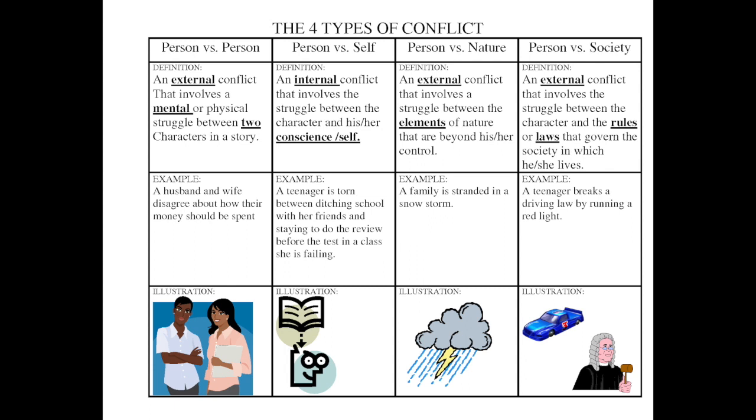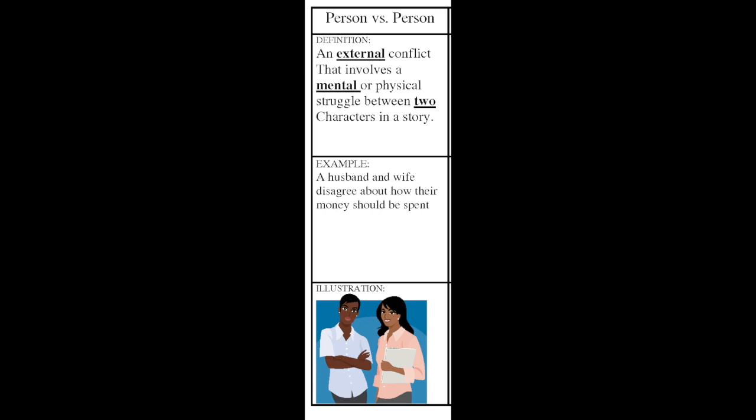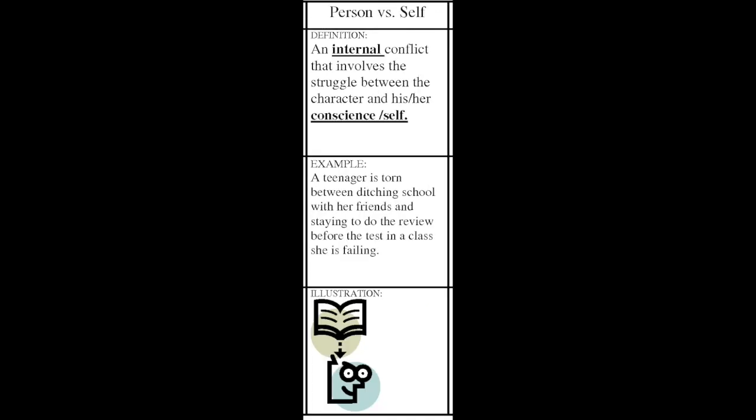And the first is person versus person. So that's where you see the conflict. It is external. For example, you see the conflict between Ponyboy and him getting beat up by the Socs. You can see that conflict. That is person versus person. The second type of conflict is person versus self, internal conflict.